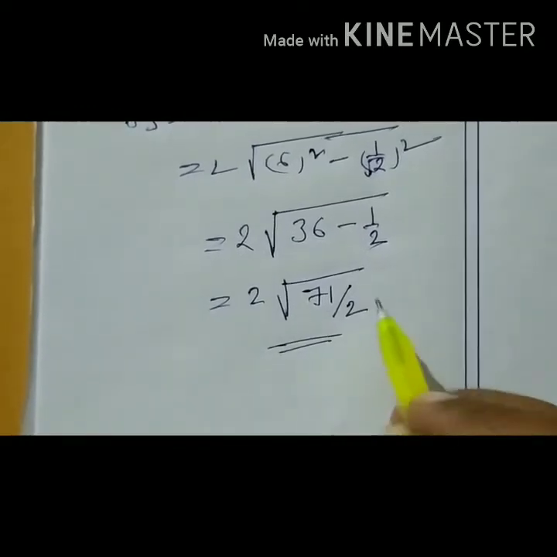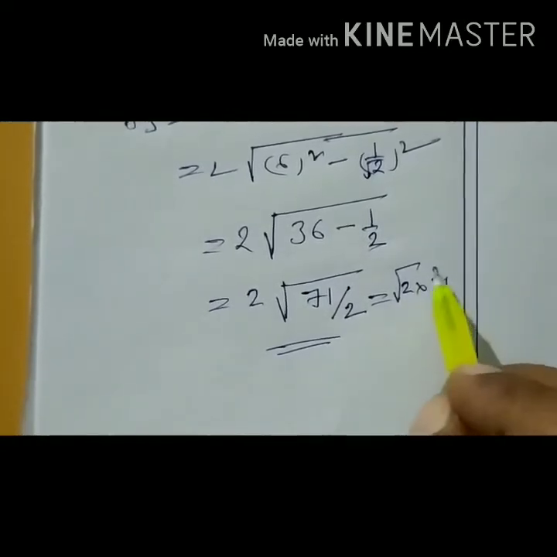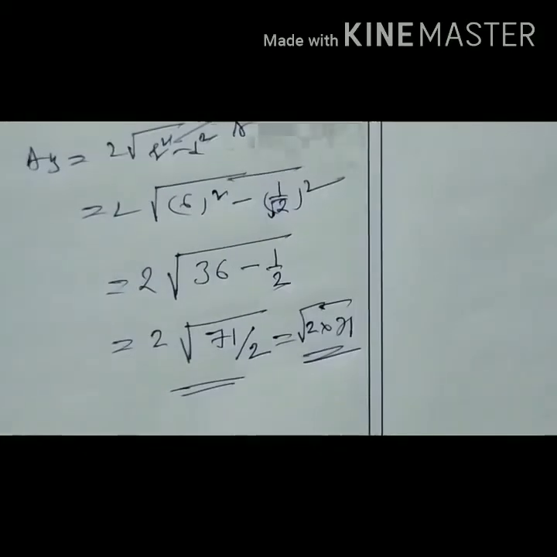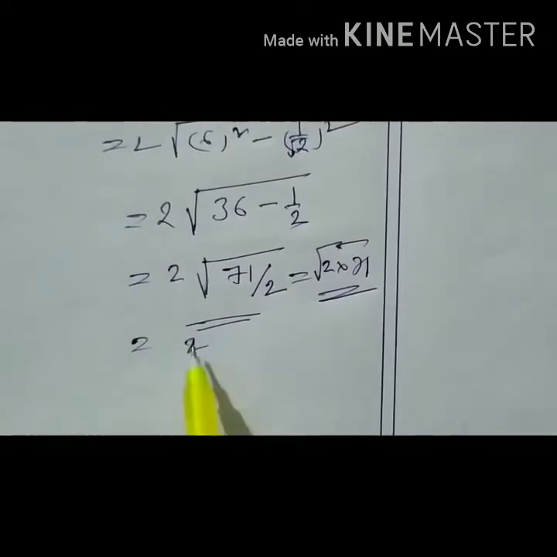By simplifying you will get root over 2 into 71, that is root 142. This is the length of the chord.